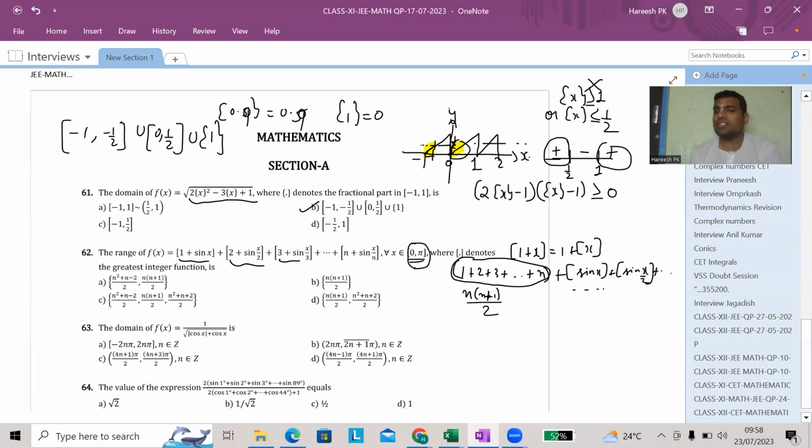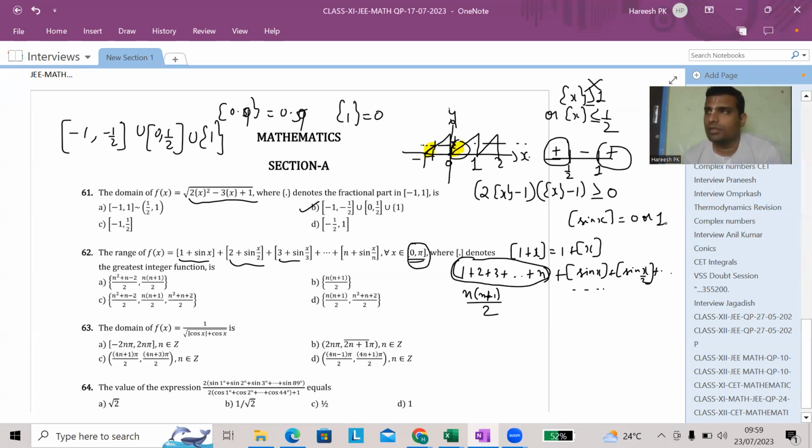That means x is in the first quadrant or second quadrant. If x is either in the first or in the second, that means sine x is positive. So when sine x is positive, greatest integer sine x will either be 0 or 1.